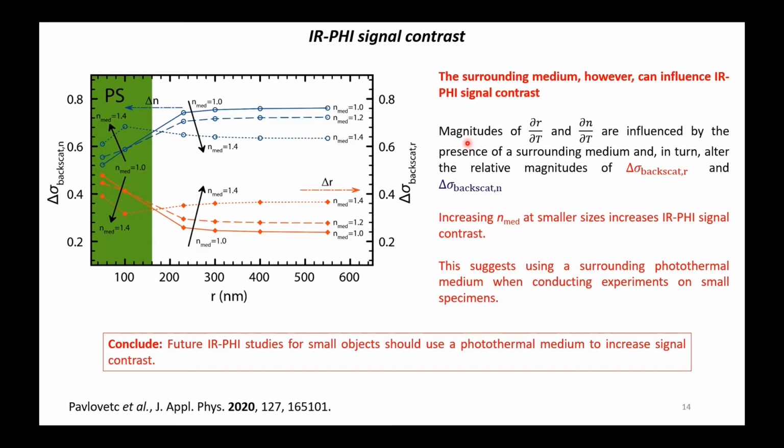And the result is actually quite interesting. Our analytical modeling shows that if we embed samples in a medium and conduct experiments on larger size objects, it actually will decrease the signal, so it will hurt PHI signal contrast. However, when operating approximately below half the probe wavelength, the effect is opposite and signal increases.